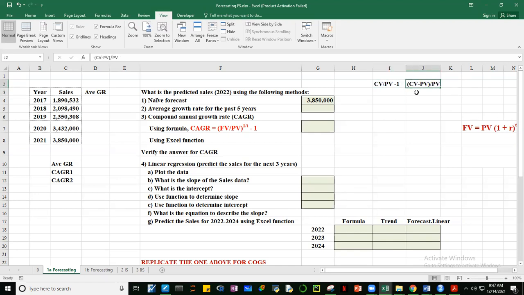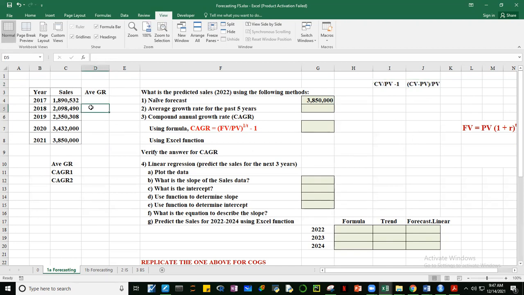I think I've explained this to you. If we divide the previous value among your numerator, it becomes like this. And in Excel, it's easier to work on this formula, because with the other one we would need parentheses. So this one is straightforward: current value divided by previous value minus 1.